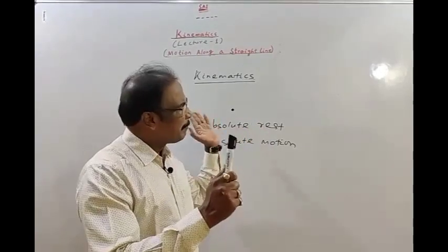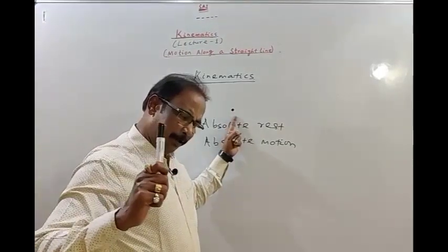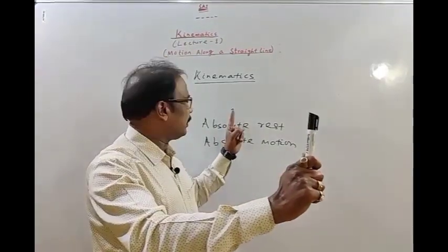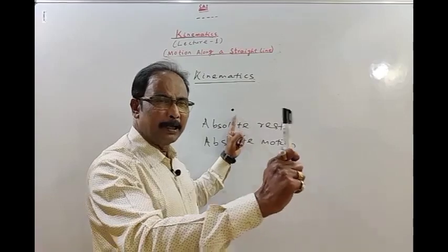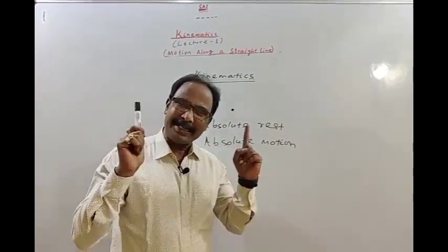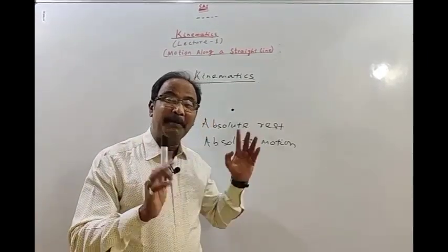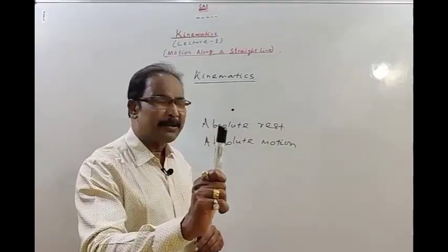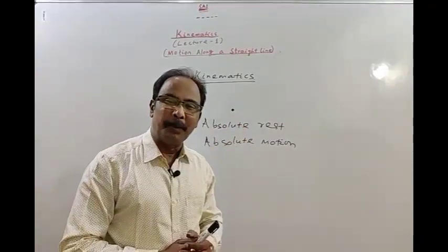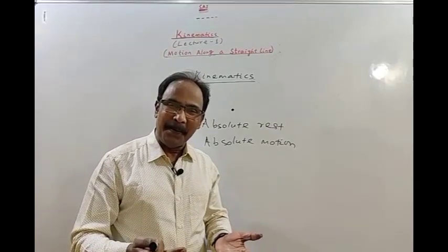Okay, this reference point is moving, but a body changes its position with respect to the reference point. So, body is in motion. So, since body is in motion with respect to the reference point, body is at rest with respect to the reference point. So, our discussion will change now.